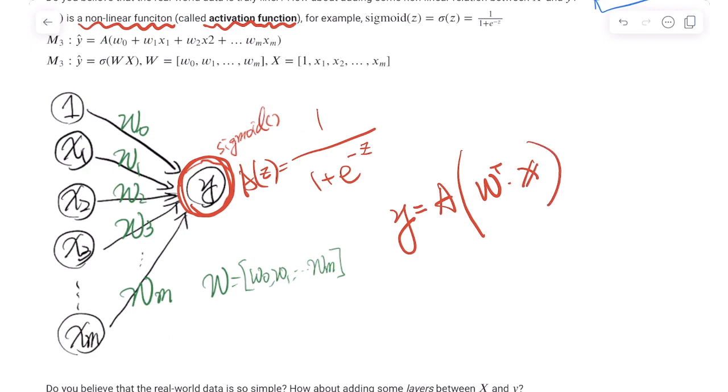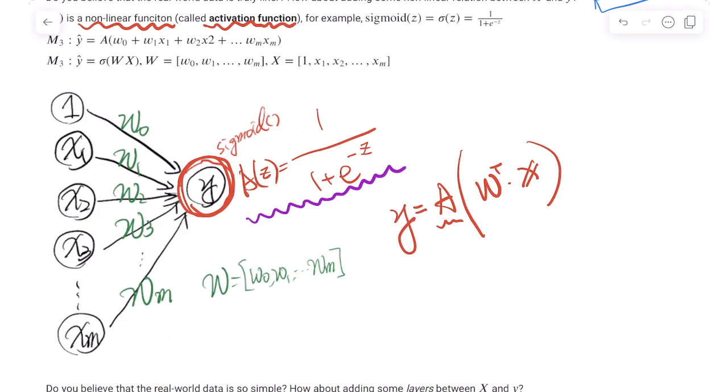And the nonlinear activation function, we have several candidates, but we already have one activation function which is called the sigmoid function. We use this sigmoid function in logistic regression, right? So this function is also called the logistic function.